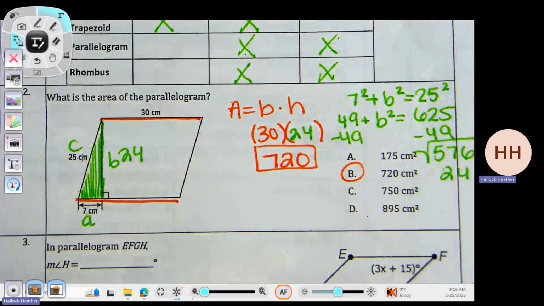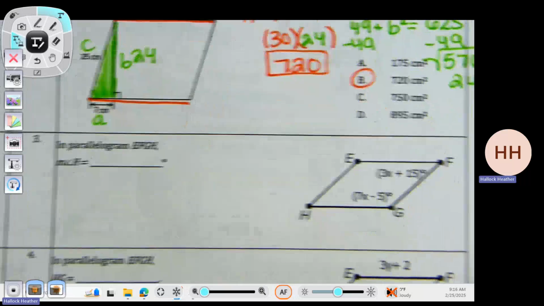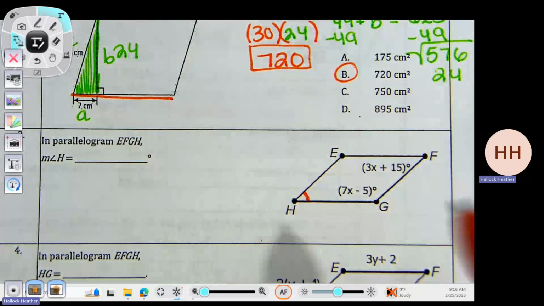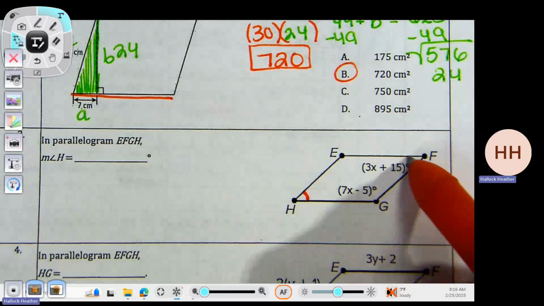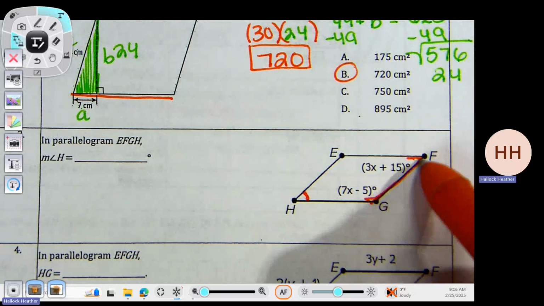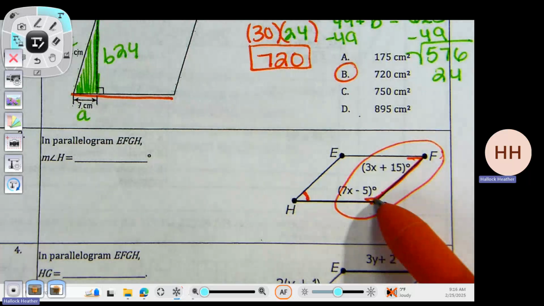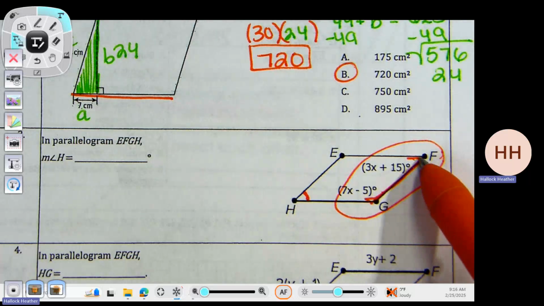So B. Number 3 is a parallelogram, and I need to find angle H. So if I'm looking at what they gave me, consecutive angles, same side angles, are going to add to make 180 because one's obtuse and one's acute, so they are different. They are not the same.